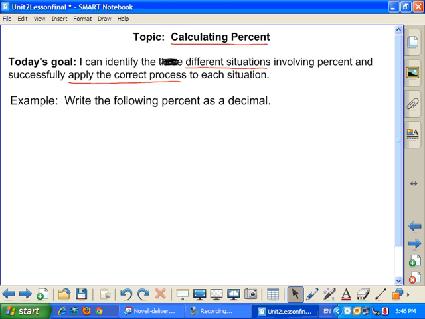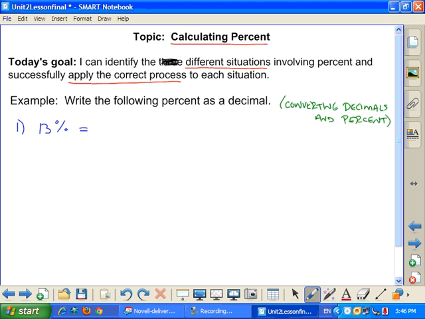So, example. We need to go back to Unit 1, converting decimals and percent. That's what I want to do a quick review on. To successfully get through the unit we're doing on money, we need to be able to take percentages like 13% and write them in their decimal form.